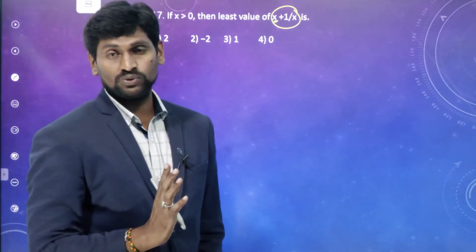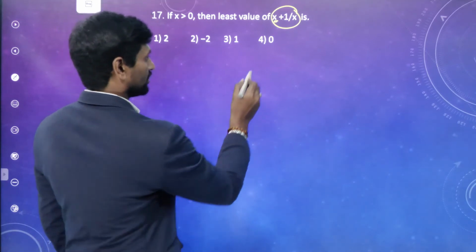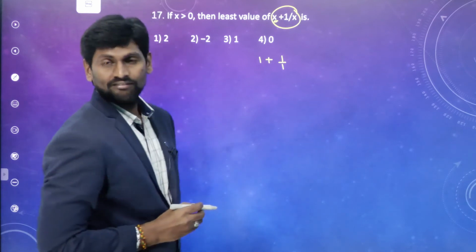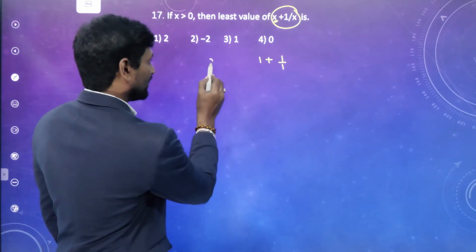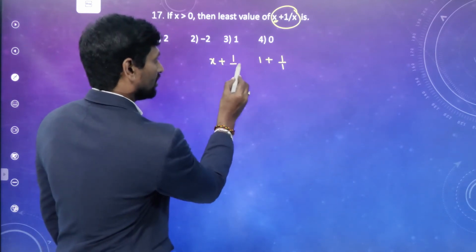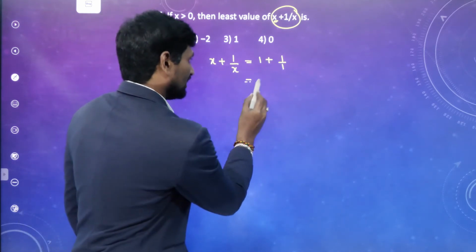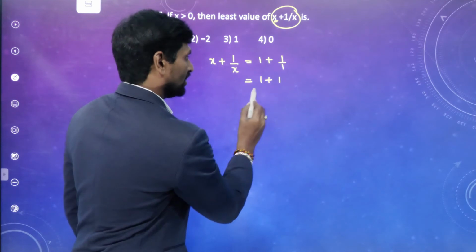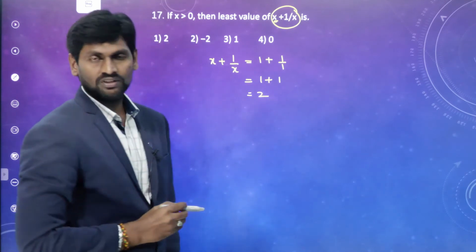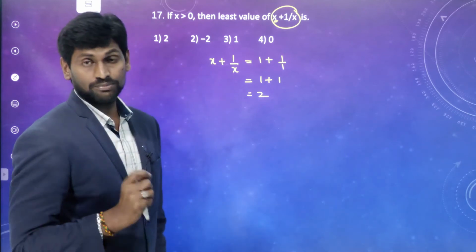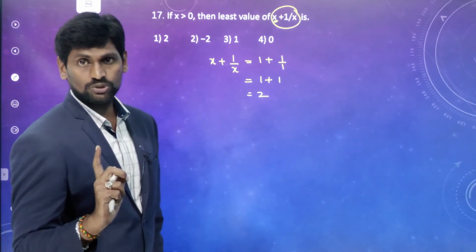What is the first positive number? 1. So let us substitute here 1 plus 1 by 1. 1 by 1 means 1 only. I am just substituting in the place of x plus 1 by x. 1 plus 1 by 1 value 1, that is nothing but 2. So I am substituting 1, the first positive integer, in the place of x.